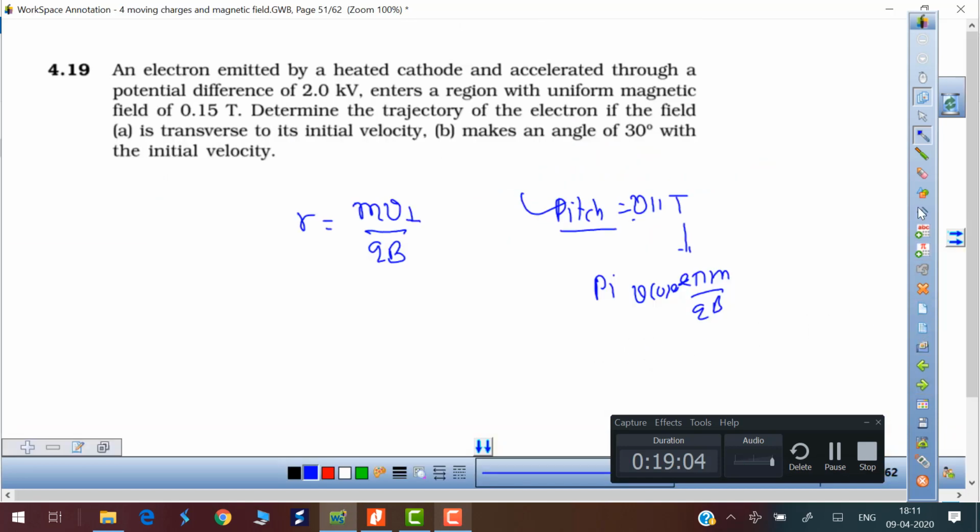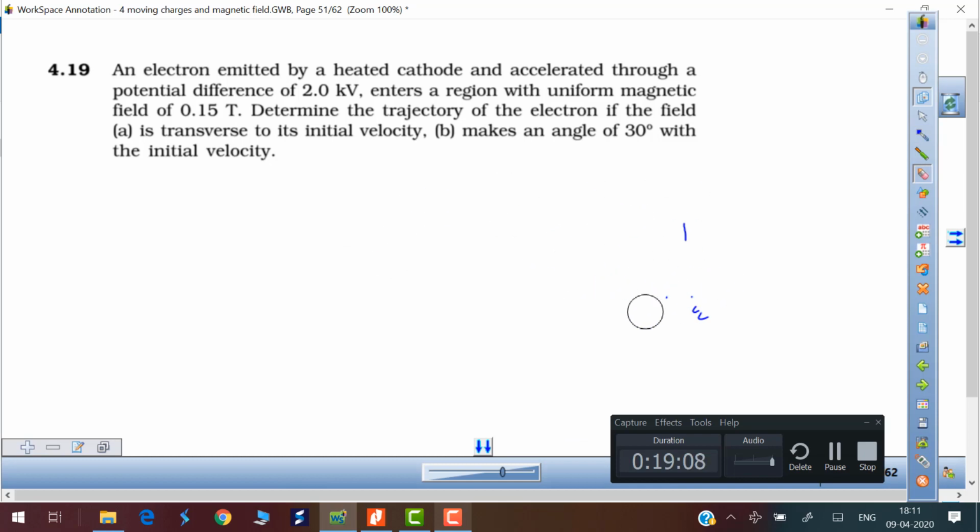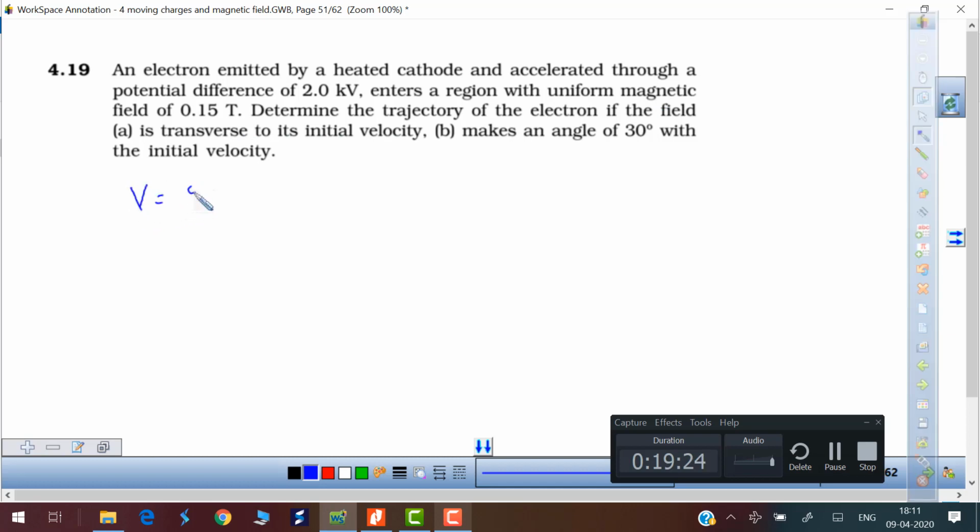Then, an electron emitted by a heated cathode and accelerated through a potential difference of 2 kilovolt enters a region with uniform magnetic field. The voltage is given as 2 kV, which means 2000 volt, to accelerate.